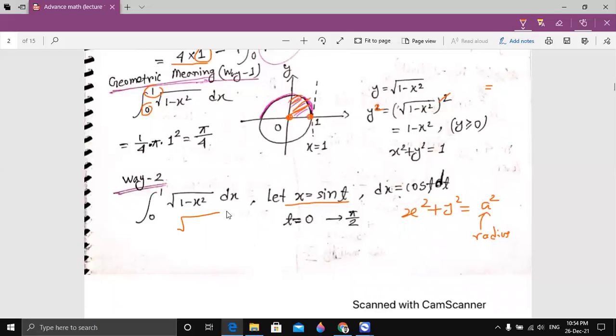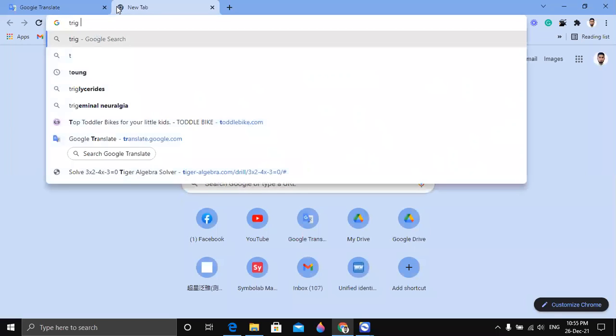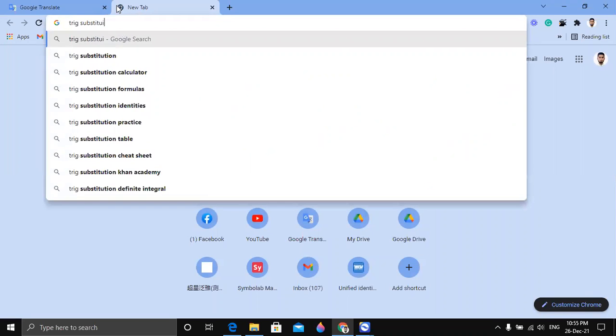If we have a function something like root over a minus bx squared, then we can use the trig substitution rule. So let me show you some formulas for the trig substitution rule of integration.